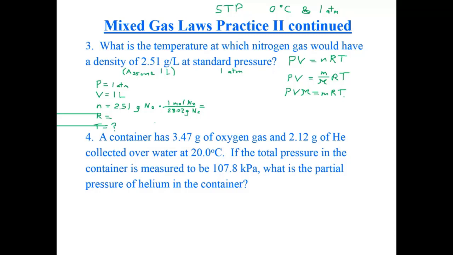Now the cool thing is here, if I wanted to, I could solve for the molar mass directly here. The other thing that I could do is I can divide both sides by the volume here.